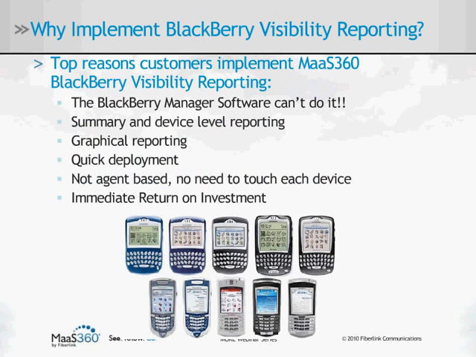The main reason customers are implementing MAS 360 BlackBerry Visibility Reporting is because the BlackBerry Manager software cannot do this type of reporting without involving a lot of time and manual efforts to manipulate the data into a usable dashboard or spreadsheet. The MAS 360 BlackBerry Visibility Reporting is a server-based tool that integrates with our MAS 360 Management Center.